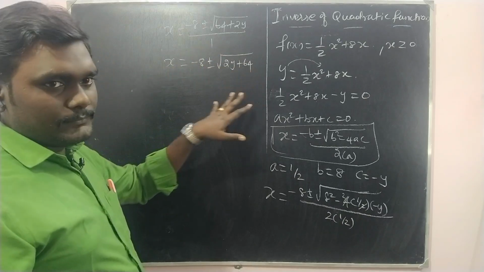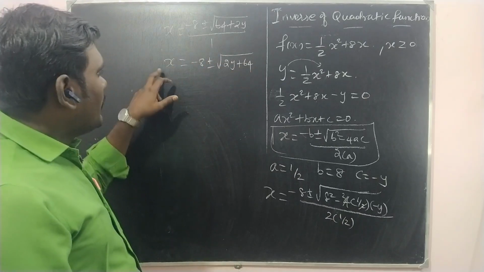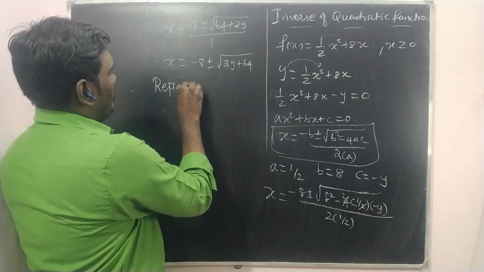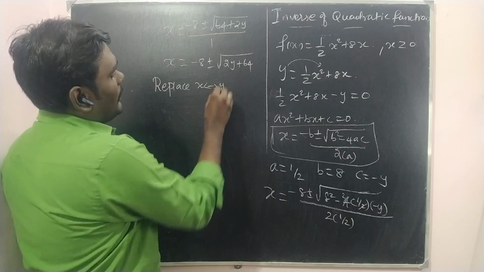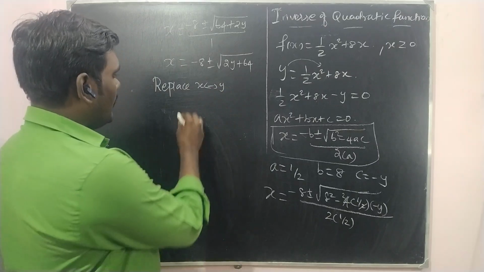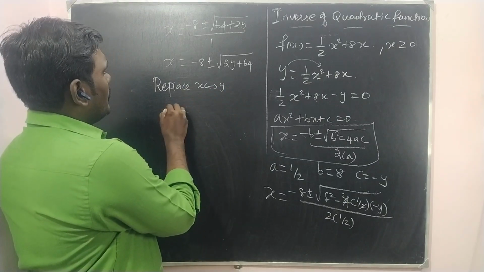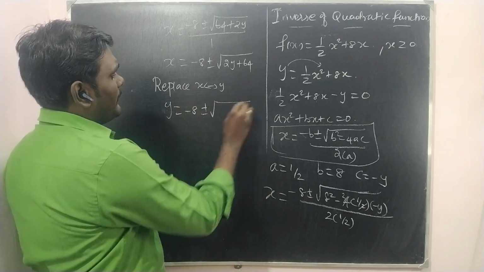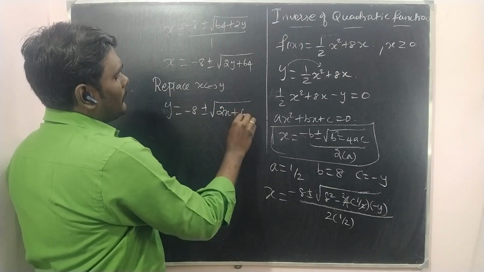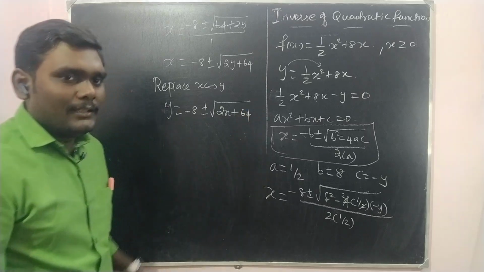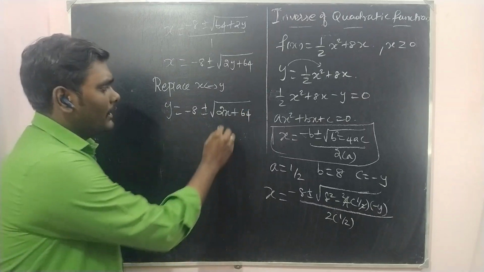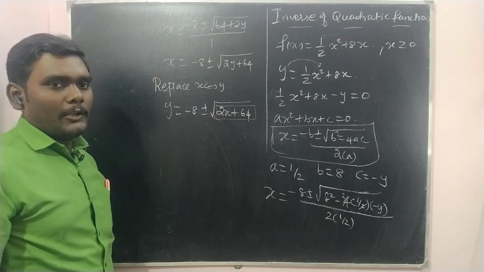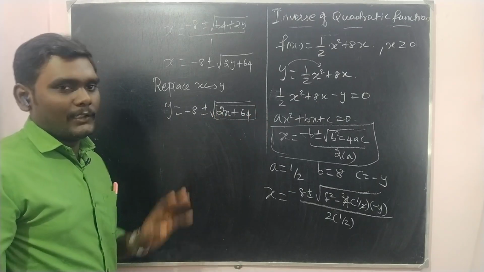This is the function. Now we have to replace x as y and y as x. Then y equals minus 8 plus or minus root of 2x plus 64, and this function is defined whenever whatever is inside the square root is positive or 0.